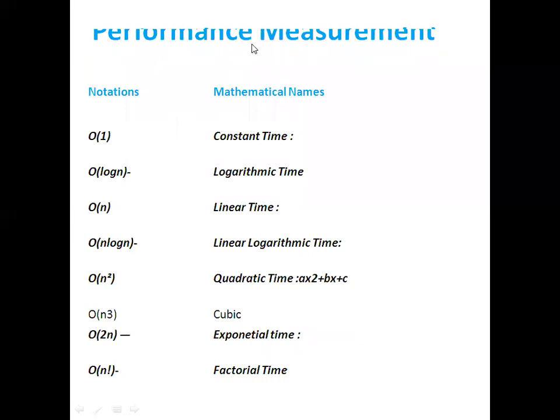Then performance measurement. For performance measurement, there is a table. In that table, there are some notations and their mathematical names. Order of 1 is constant time. If there is any other constant, then it is also constant time. Order of log n is logarithmic time. Order of n is linear time.